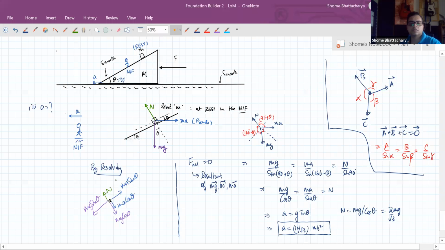So since we have to balance the forces, you can see that along my inclined axis, mg sin theta has to balance ma cos theta. This will actually give me the same result, that a is equal to g tan theta.